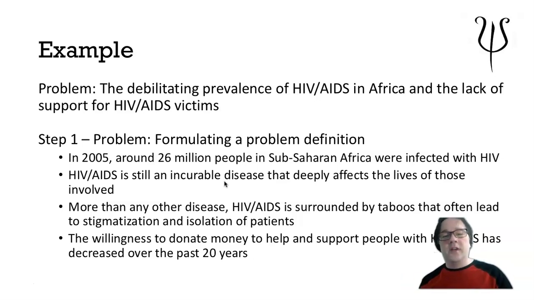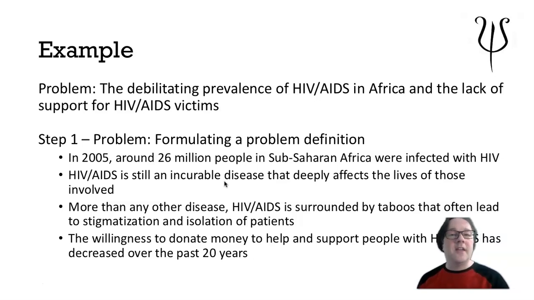So, okay, who cares? So 26 million people are infected. Why is that necessarily a problem? Well, because HIV/AIDS is still an incurable disease that deeply affects the lives of people who are involved. Not just the people who have HIV/AIDS, but people who love them and who take care of them, their families, their communities.